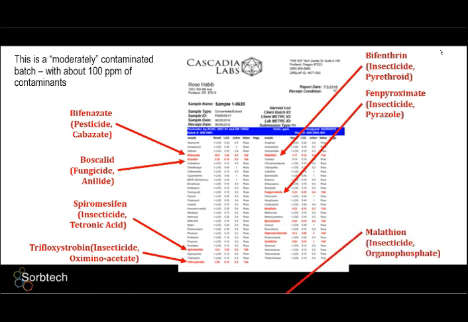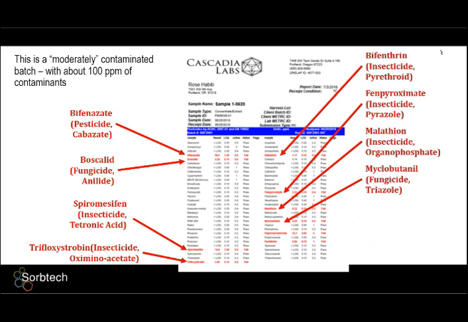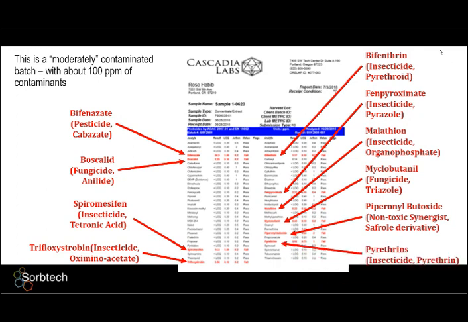Fenoxycarb, malathion, another widely used insecticide. Myclobutanil is heavily used as a fungicide. Piperonyl butoxide, which is not a pesticide, is a synergist that's co-applied with many of the pesticides, and the 6 natural pyrethrins, which are all grouped together.